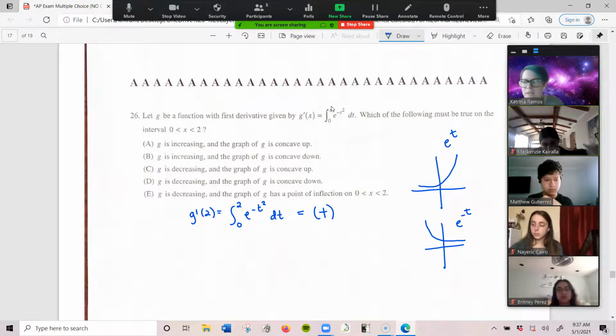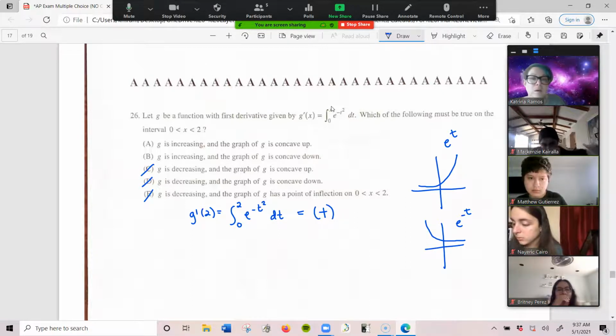It's concave up, exactly. Oh, but sorry, we don't need that, this is the first derivative, not the second, so ignore that. We can already eliminate C, D, and E because G prime of 2 is positive, so it has to be increasing.